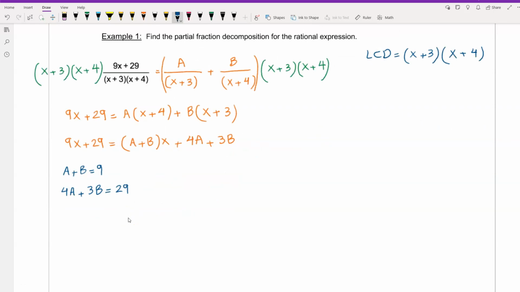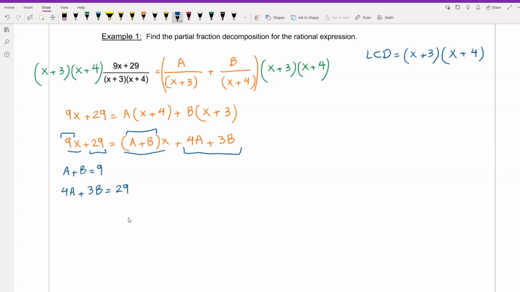The coefficient of x on one side equals the coefficient of x on the other side. So here we have 9 times x and here (A plus B) times x, so 9 is equal to A plus B. And what's left on the right side, 4A plus 3B, is equal to 29.